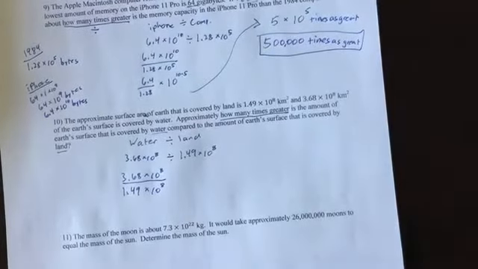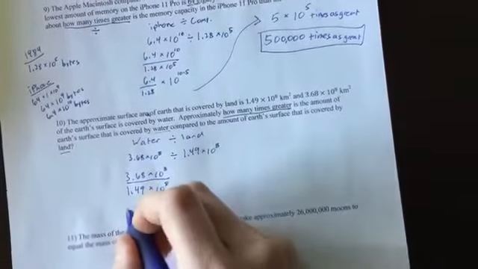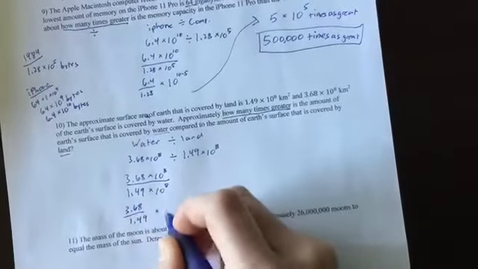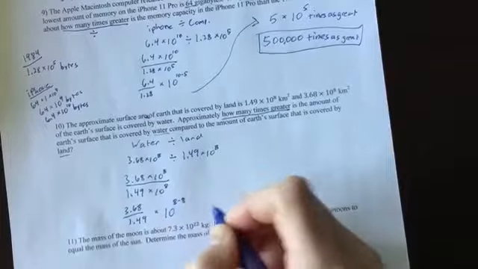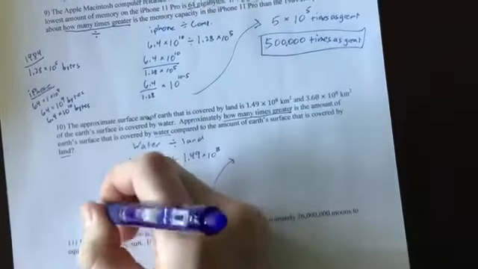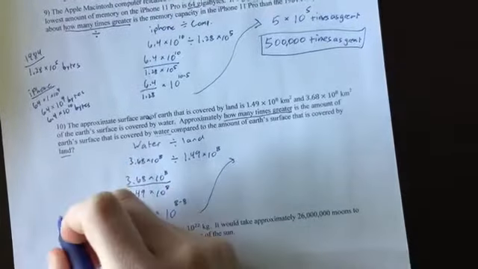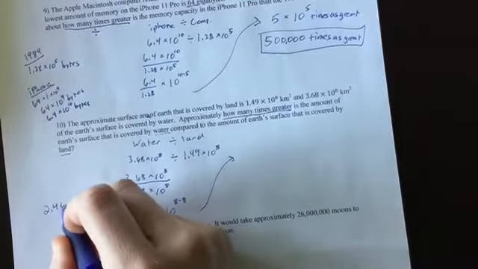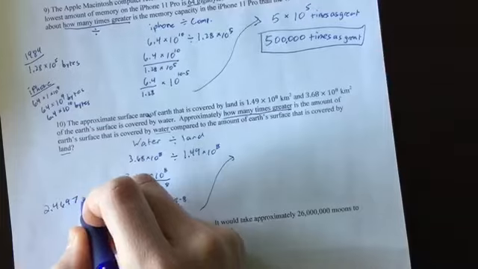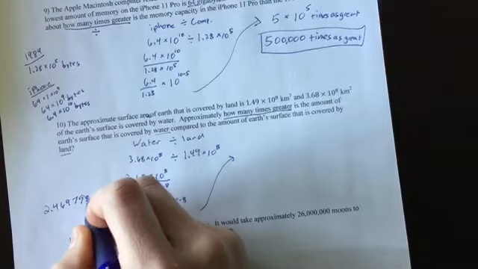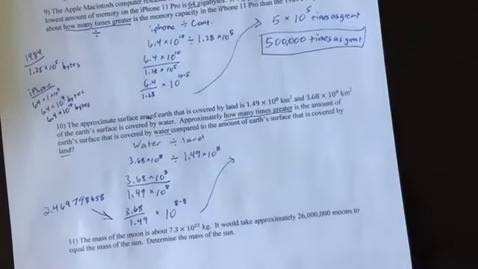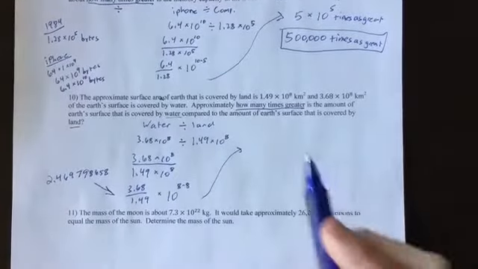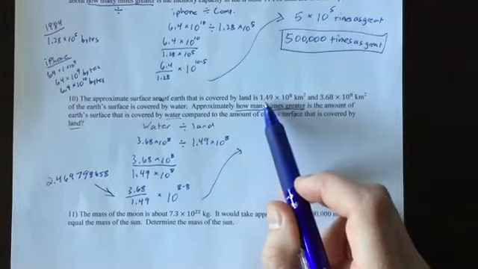Okay, so when we get 3.68 divided by 1.49, right, we do 10 to the 8th minus 8, which is going to give us a 0, right? This 3.68 divided by 1.49 gives us a really long decimal, 2.469798658, really long. So I'm going to say, let's kind of look at what our numbers are doing here.